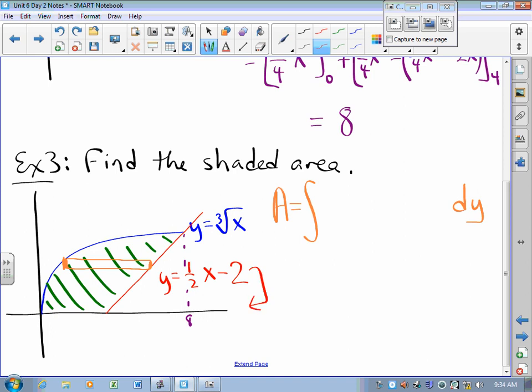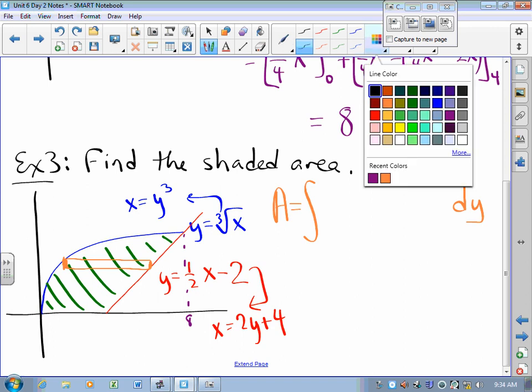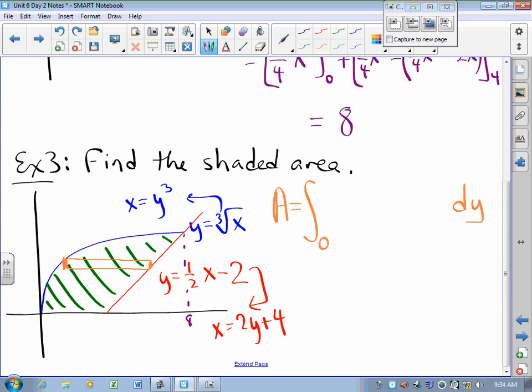So if I solve that, x in terms of y, and then I solve this, x in terms of y, then when I go to find my integral, I'm going to go from the smallest y value I have to the largest y value I have, not of top minus bottom, but of right minus left.